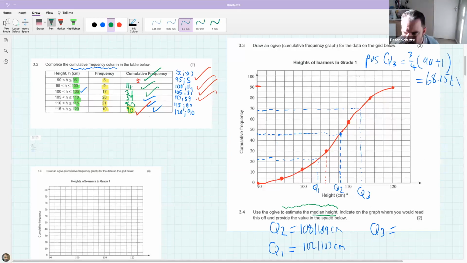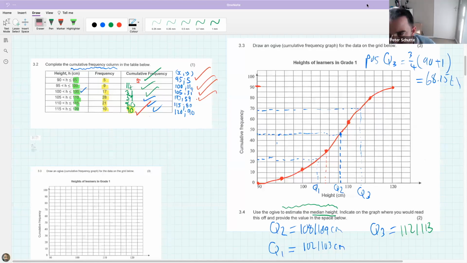If that's 110, and this is going to be 115, that looks about 112, 113, somewhere around there for Q3.